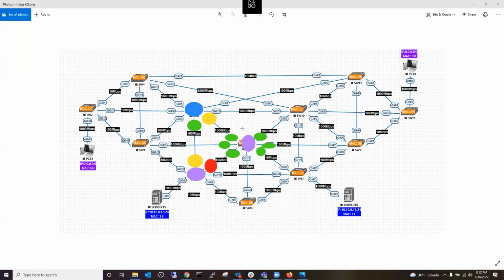Then we look at the cost: this has a cost of 4 to the invisible root, and this has a cost of 19 to the invisible root. If we do that election process, we know switch 6 won. So it's not always going to be agnostic, as in having the direct link directly to the root.